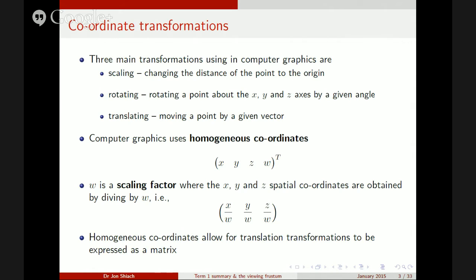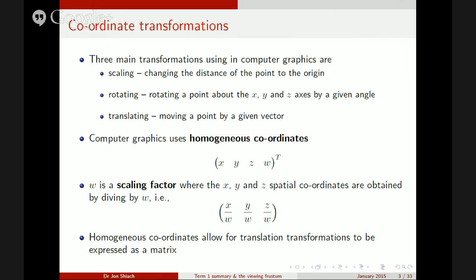That 4th element is what we tend to refer to as something like a scaling factor. The actual X, Y, and Z spatial coordinates are found by dividing your first 3 elements by W. Okay, so if you have some coordinates here and you have your scaling factor W, the actual spatial coordinates are X over W, Y over W, and Z over W.